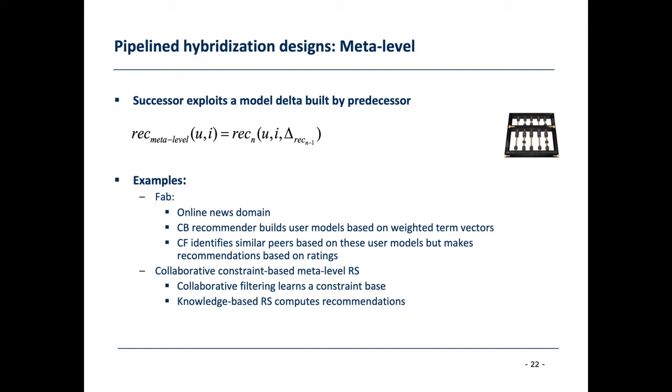In the first case we've derived a vector space model associated with the input, and in the second case we have extracted, for example, a set of features that we need to have satisfied in order that we can actually proceed. So, collaborative filtering learns, and the constraint-based could actually be the application of the knowledge-based engine that I showed you in the previous lecture.